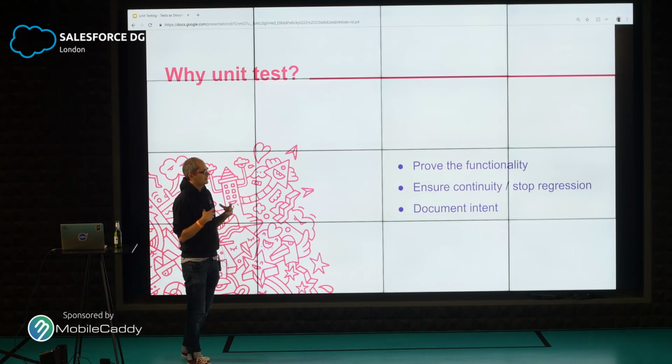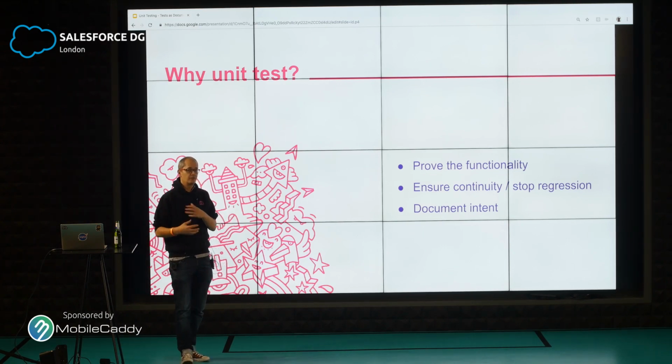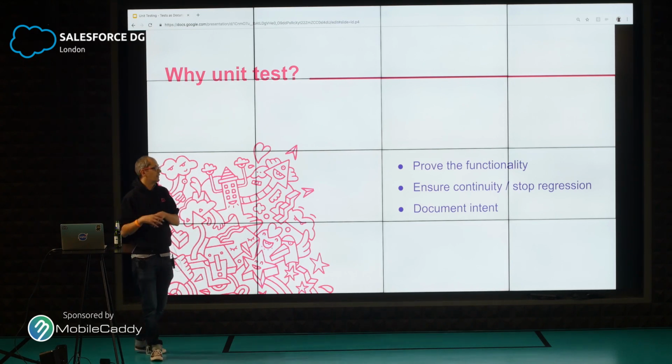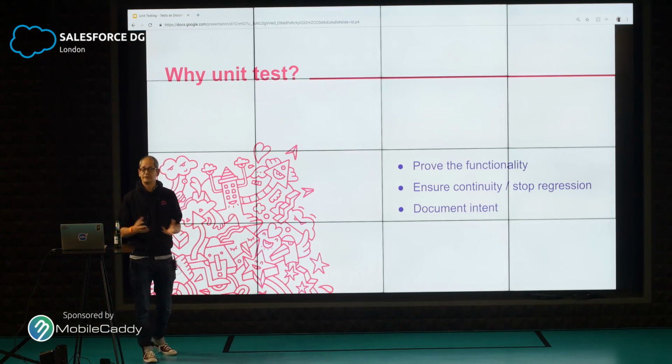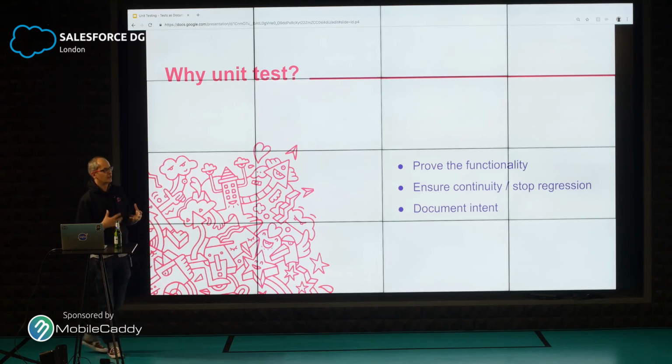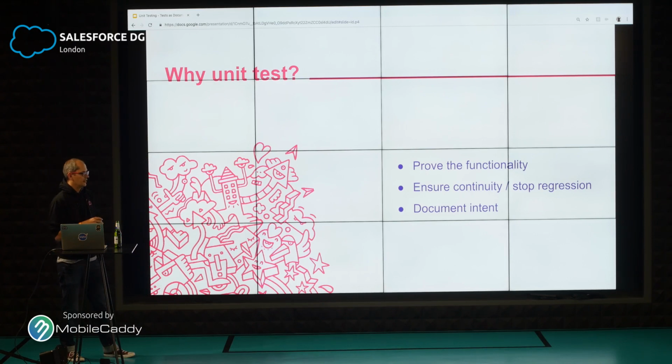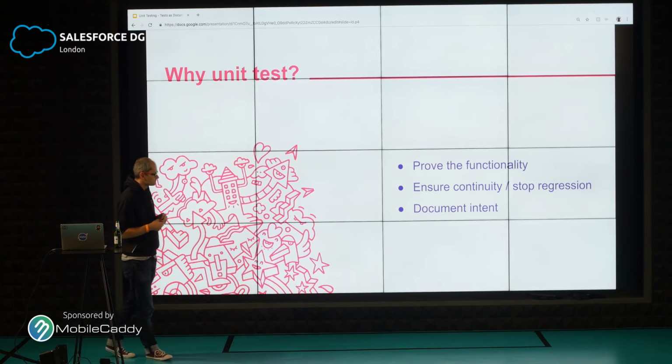And then once that's in place, to make sure that whenever we make any changes to the system, it continues to do that, and that we don't reintroduce issues that we saw previously and fixed, or that we don't stop functionality from working. So we want to have a certain amount of certainty about the stability of the functionality that we've implemented in the system.